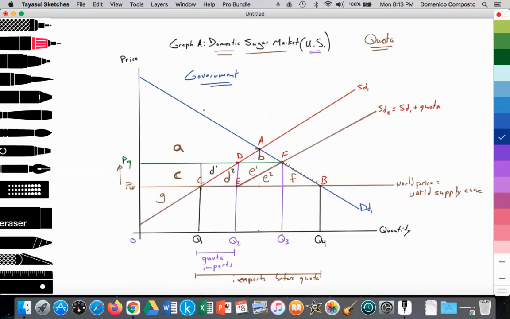Okay. How about foreign nations or foreign producers? Foreign producers or exporting nations, right? They are negatively impacted because they're going to be exporting less. Their quantity supplied is falling because no longer can they export an amount from Q4 to Q1.